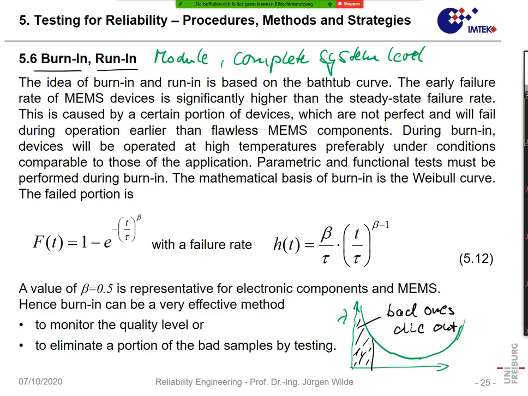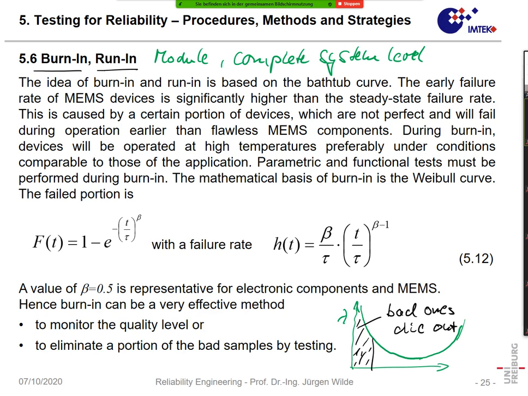What is the difference? Run-in means we do this under normal field conditions, under normal operating conditions. Burn-in is accelerated. Burn-in means we go into a temperature chamber, or we vibrate it in some way while we operate it.